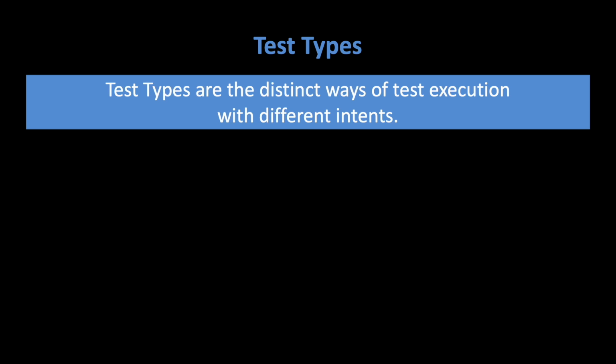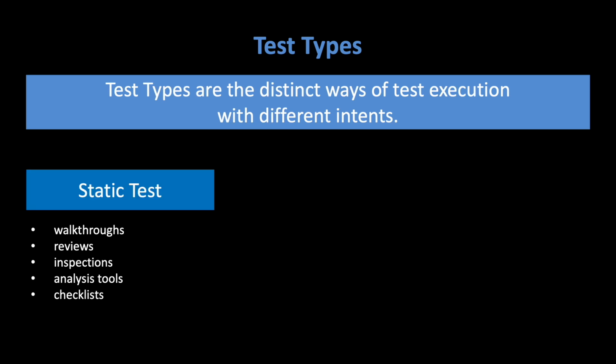And it is also important to distinguish between static and dynamic tests. Static tests do not require the usage of a product, but those tests are based on documents associated with the product itself.